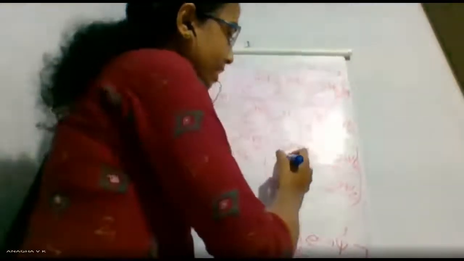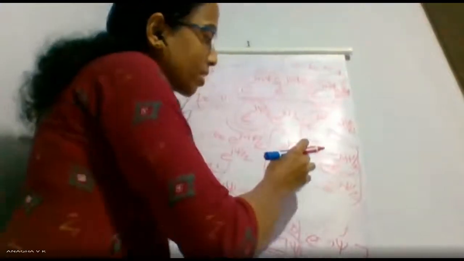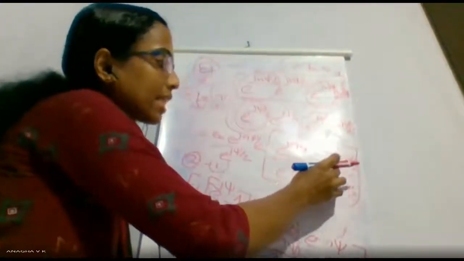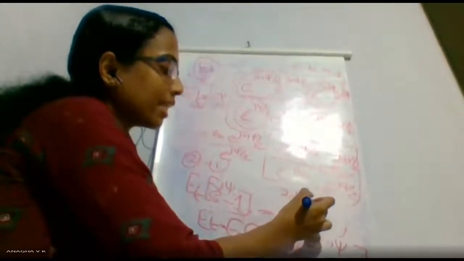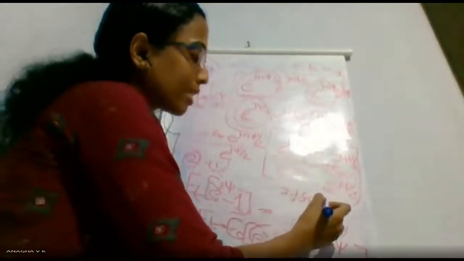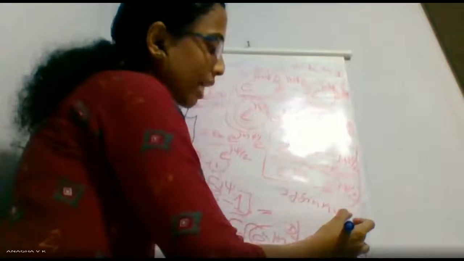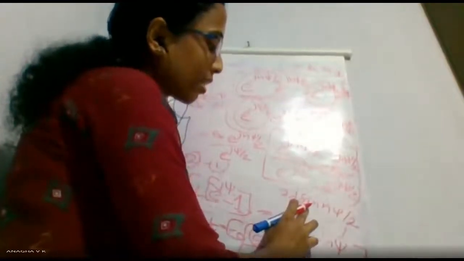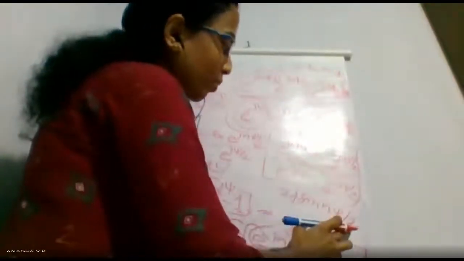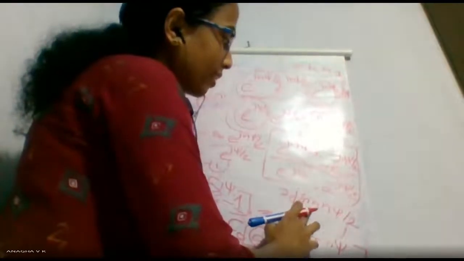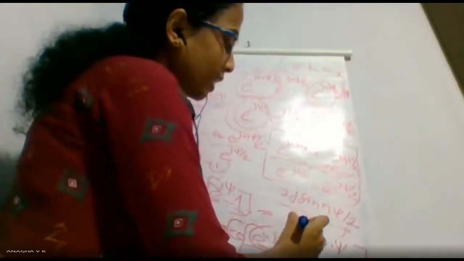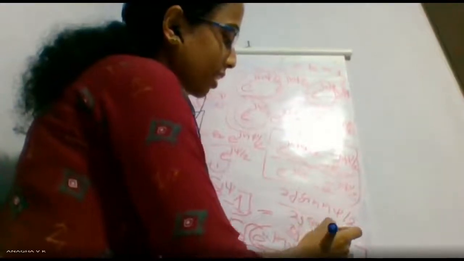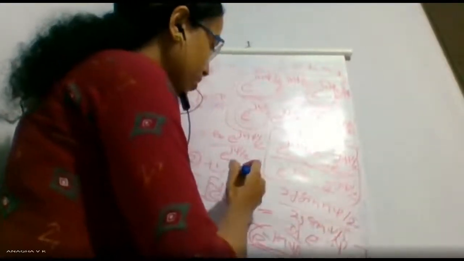So what is this term? e raised to j theta minus e raised to minus j theta is 2j sine theta. Okay. So 2j sine n psi by 2 by 2j sine psi by 2.